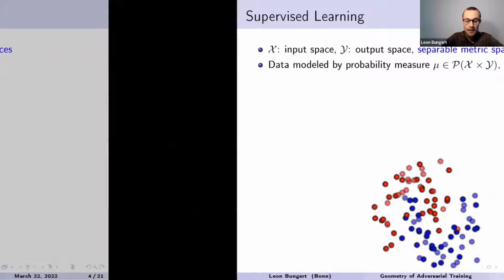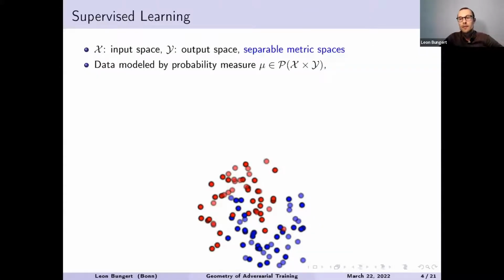And then in addition, you're given some data, and this data is typically modeled by a probability measure mu, which is a probability measure on the product space of X and Y. So basically the X marginal of mu encodes the locations of the data points in the input space, and the Y marginal encodes some sort of labels that these data points might carry, right?